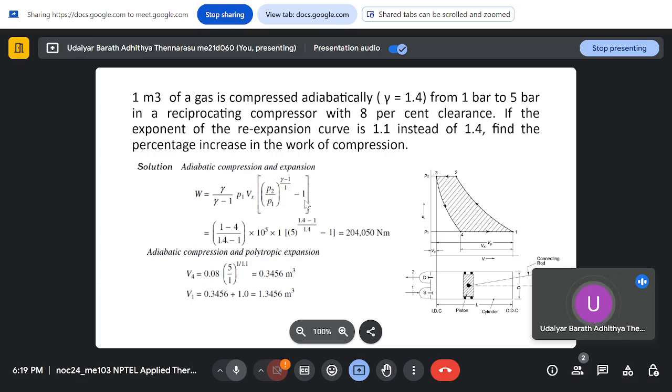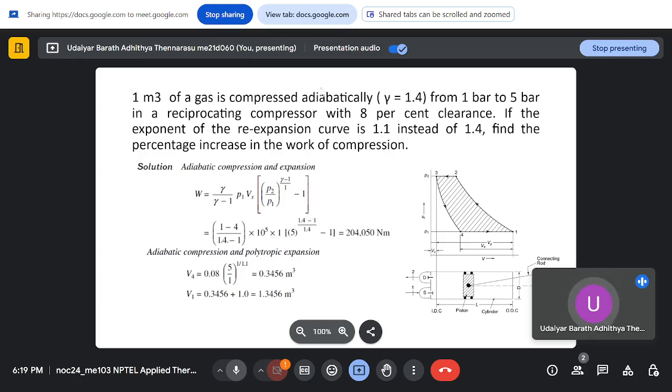So what is given is, you have 1 meter cube of gas which is compressed adiabatically, so the gamma value is given, from 1 bar to 5 bar in a reciprocating compressor which has 8% clearance volume. If the exponent of re-expansion is 1.1 instead of 1.4, find the percentage increase in the work of compression.